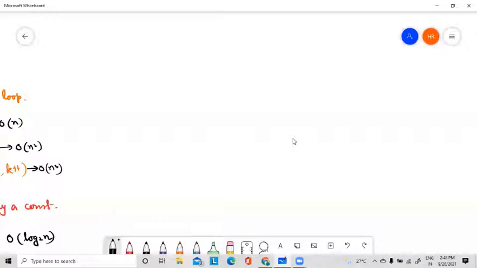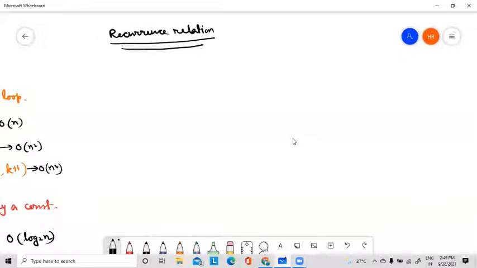Try to understand. This type of time complexity calculation is sometimes called a recurrence relation. So you have to understand what the recurrence relation is and how the algorithm is performing.